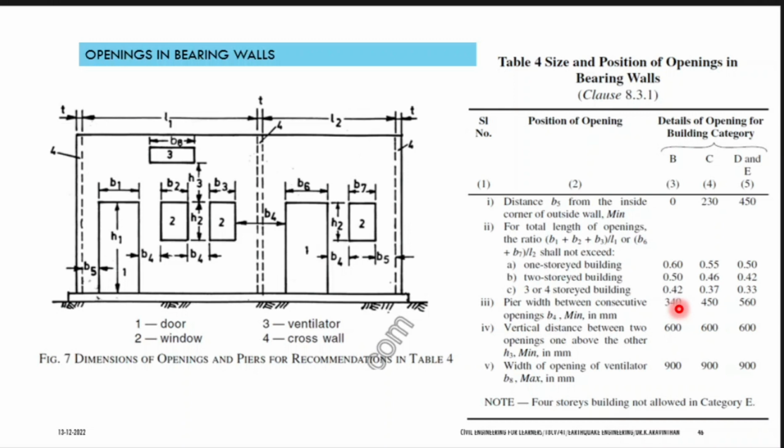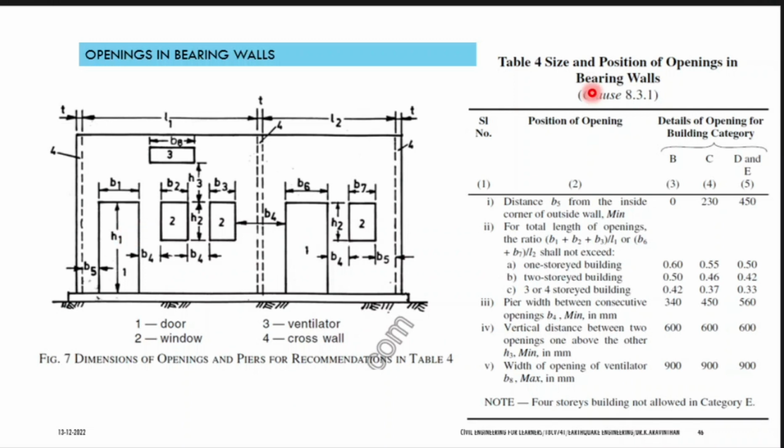At least 1 meter will be there between the two windows. So what is the minimum condition? 340 mm. So 340 mm is 0.34 meter, that's all. So at least you should have 0.34 at zone 2, zone 3 is 0.45 and zone 5 is 0.56. So you have a well sufficient distance between two openings.